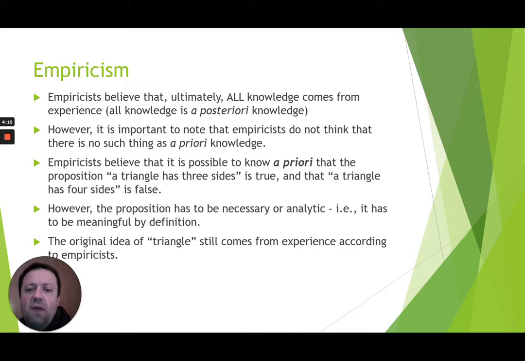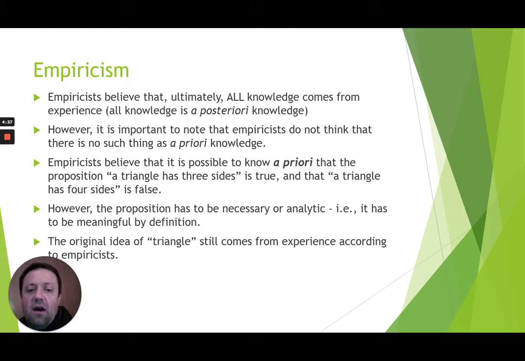They believe, for example, that it is possible to know that a triangle has three sides independently of experience and know it to be true just from analysis of the terms involved, although those terms themselves, those ideas, ultimately are rooted in experience, and the reasons for that should become clear shortly.